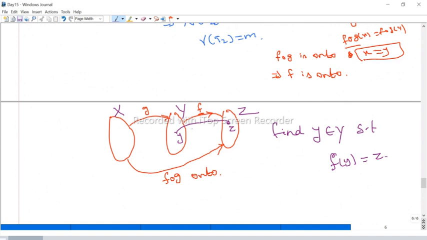Keep in mind, now what we know is this function F composition G is onto.